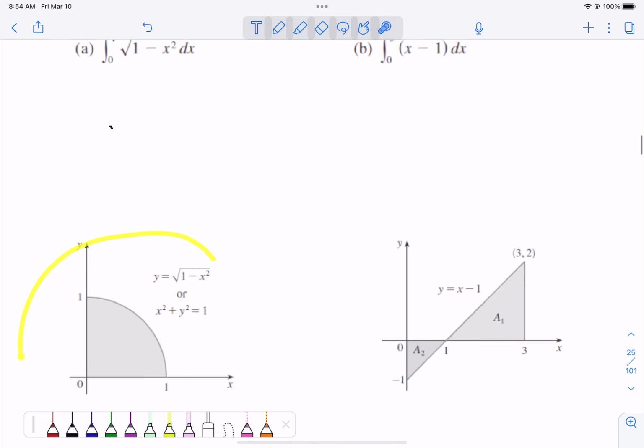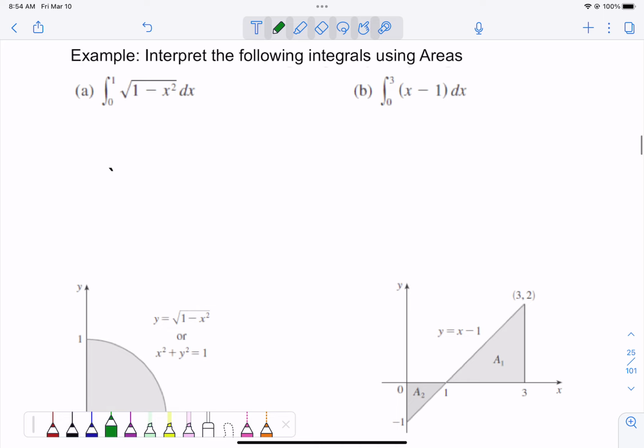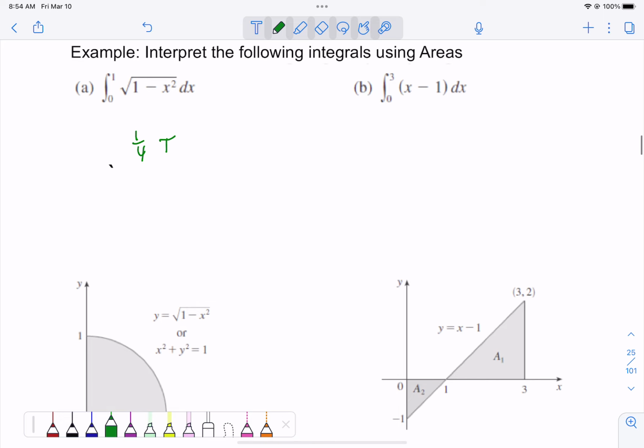So that's what the circle is. We only went from 0 to 1, so it happens to be a quarter of a circle again with radius 1. So this is just 1/4 of pi times 1 squared, which is pi over 4 square units.